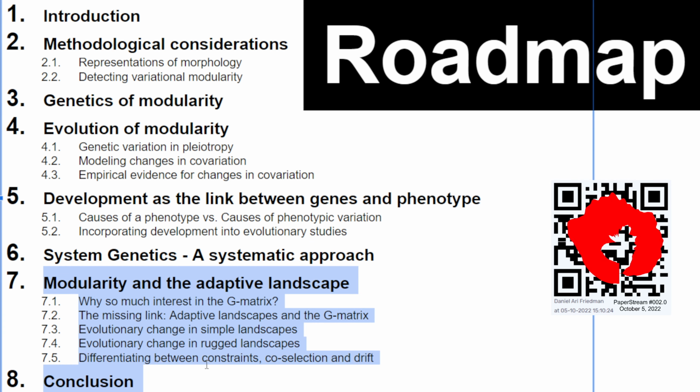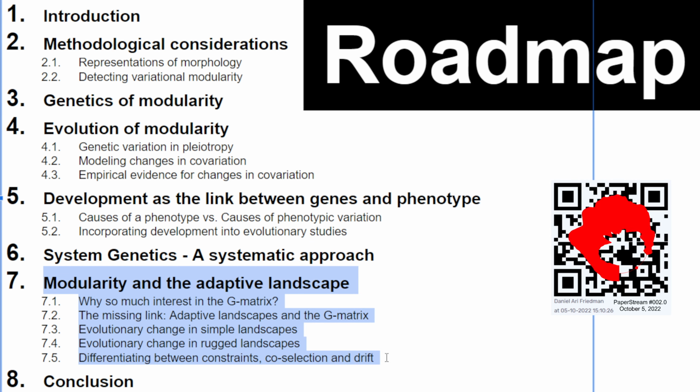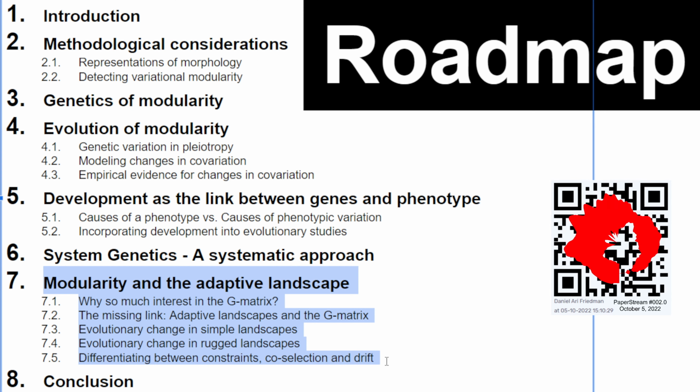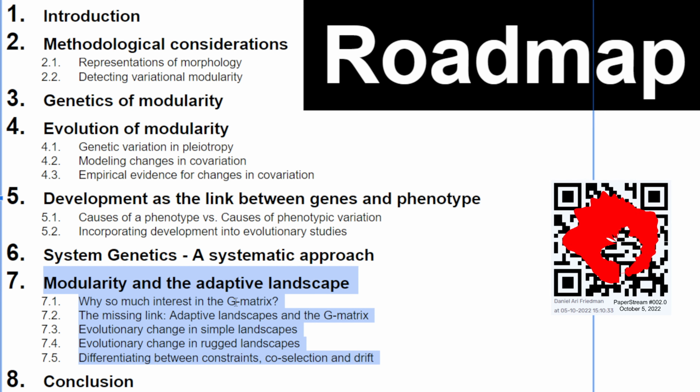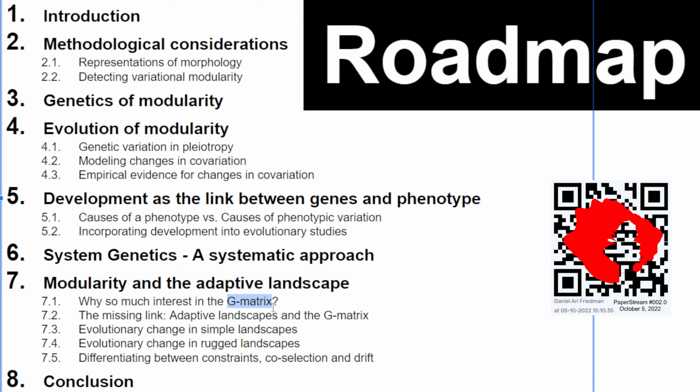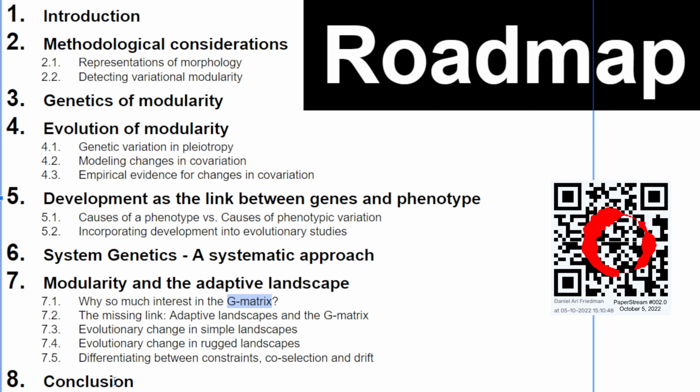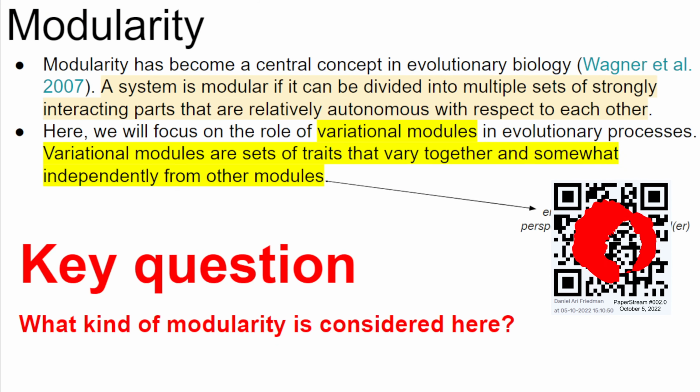Then, section 7 talks a lot about evolutionary quantitative genetics and the relationship between the phenotypic variance and covariance matrices and the G matrix, the relationship between that kind of quantitative genetic formalism and fitness peaks, and the relationship with local and longer-term intergenerational changes. Then, section 8 is the conclusion.